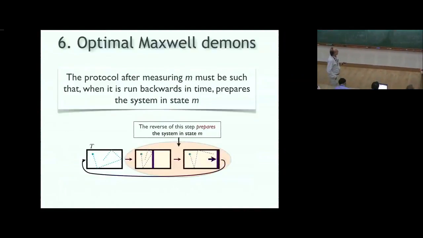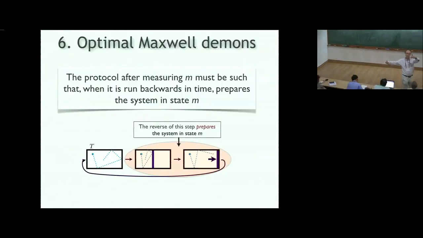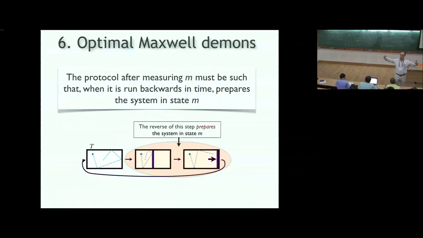Okay, so the recipe in this formula that you see here is to try to make a forward process and a backward process, and they have to look exactly the same. And actually, if you do it quasi-statically, this will happen all the time. But the critical point is the measurement. After the measurement, the two trajectories must be exactly the same.